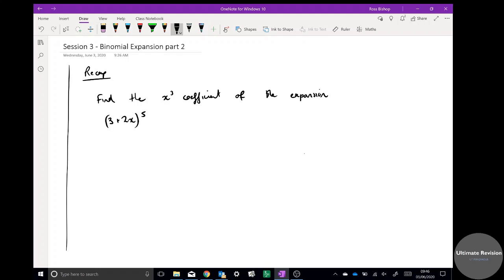We looked at this in part 2. You might want to pause the video at this point and have a go yourself and see if you can remember how to do this before watching the solution. But here we go with the solution.